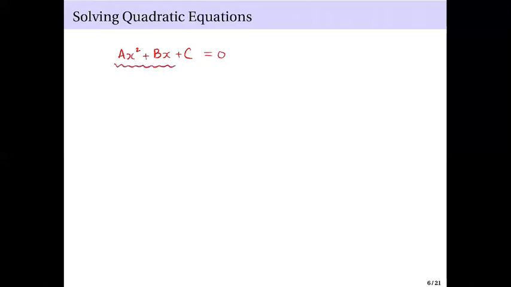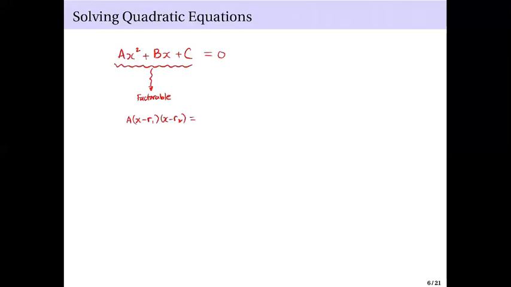If this is factorable, then possibly we can factor this into something like a times (x minus r1) times (x minus r2).